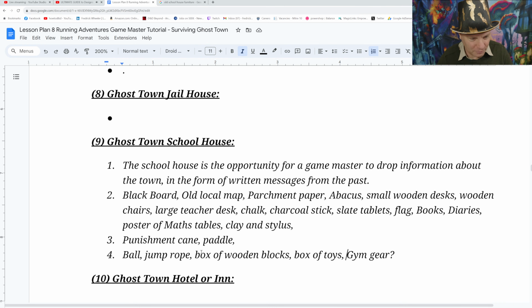The lost and found box. Yes, lost and found box. Yeah, absolutely. I can see that. Old punishment. The Dunce cap.